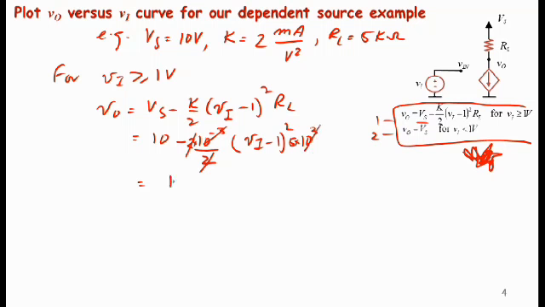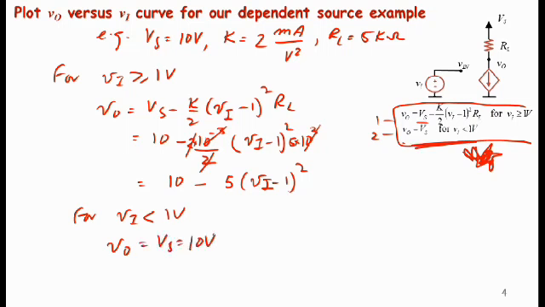I'm left with 10 minus 5 times (Vi minus 1) whole squared, and this is for Vi greater than 1 volt. And then for Vi less than 1 volt, I get V naught equals Vs, where Vs equals 10 volts.